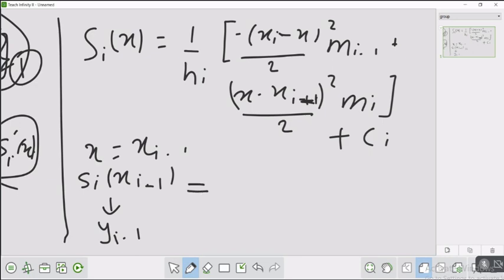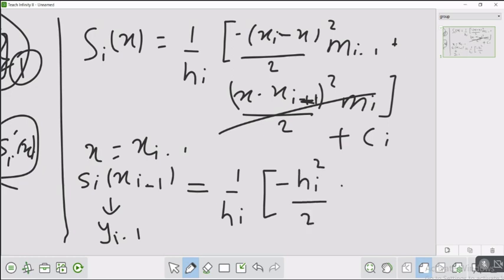So this should be equal to, this term becomes 0 and this becomes 1 over hi, hi squared, which is exactly the size of the interval.